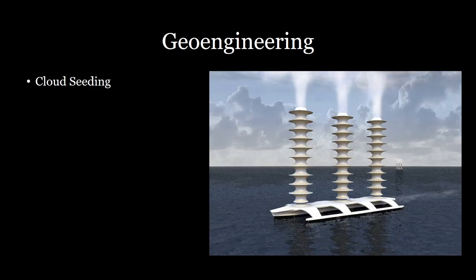So one of the ways that has been proposed of doing this is cloud seeding. We talked about cloud seeding early on in the semester, but it's the idea of inputting a large amount of water vapor, salt crystals, silver iodide, some particle into the atmosphere in order to provide cloud nuclei and increase the cloud cover over the ocean.